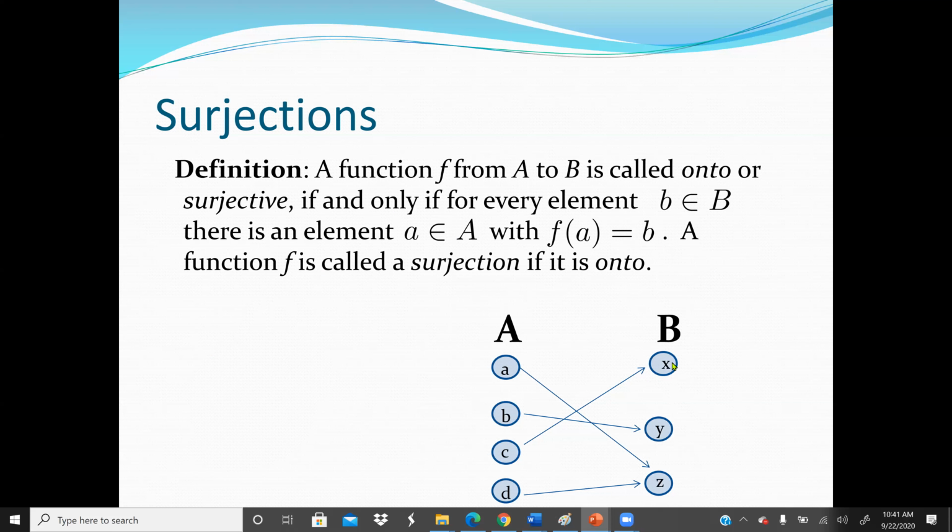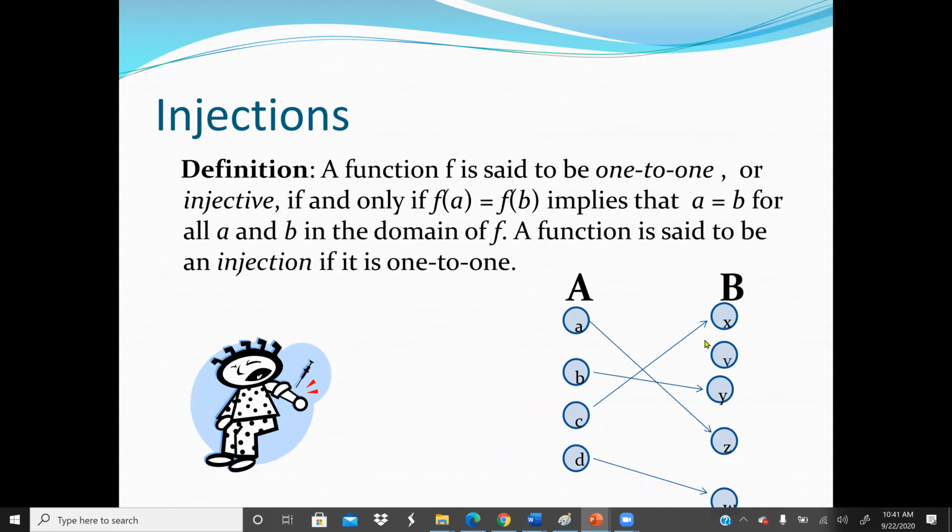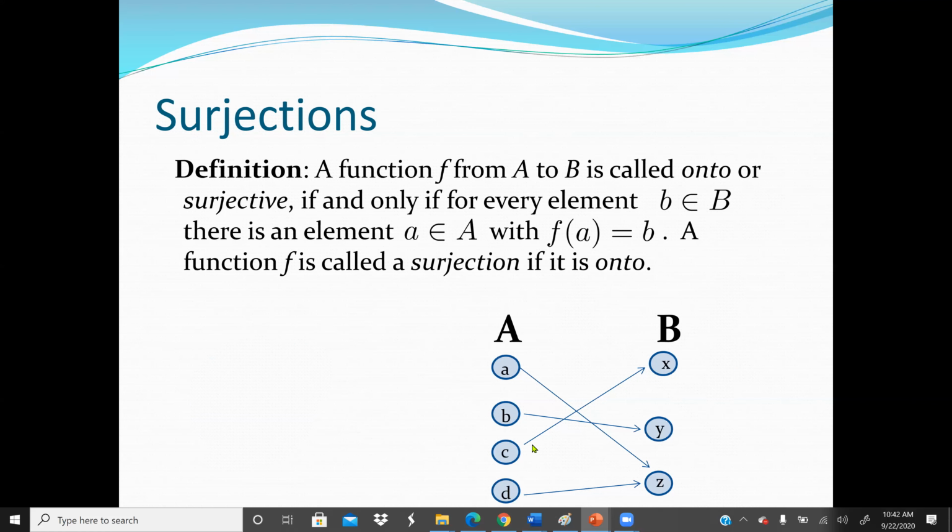So the diagram here can give us an example. Onto means we can see that all the outputs are already generated by the input. Going to the previous diagram, we can see that our second output is not generated by the input A, which is okay for injective, but for surjections, all the inputs must generate all the outputs.